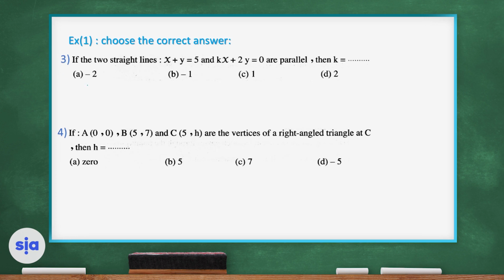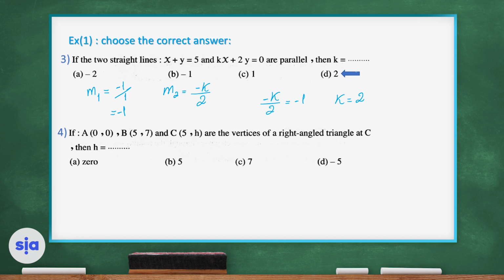So the slope of the first line is negative coefficient of x over coefficient of y, so it's negative 1, and the slope of the second line is negative k over 2, then negative k over 2 is equal to negative 1, so k equals 2. Then here in this case, the right choice of question 3 is choice D.